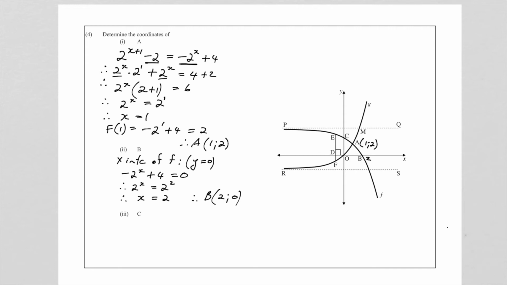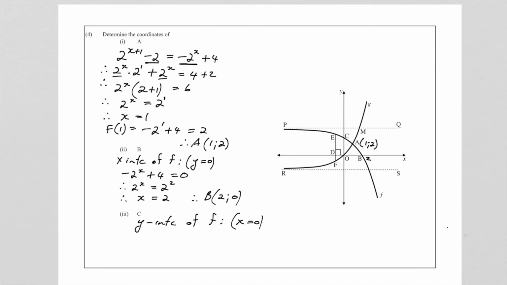Now, they also ask us for the coordinates of C. And C is the y-intercept of function f. So we took function f, we worked out the x-intercept. Now they ask us for the y-intercept of f. So let's do that. That is where we substitute x with 0.